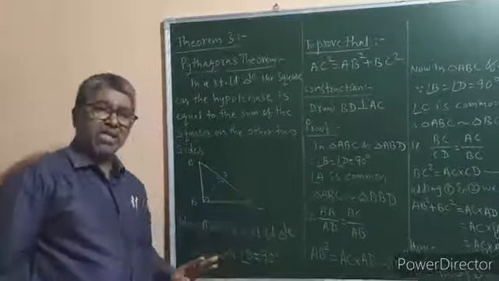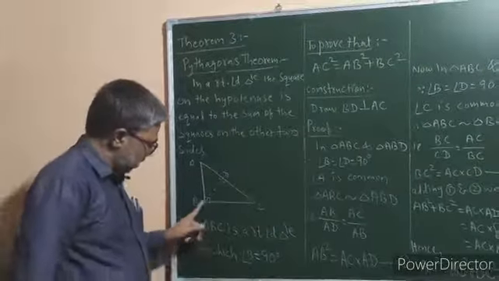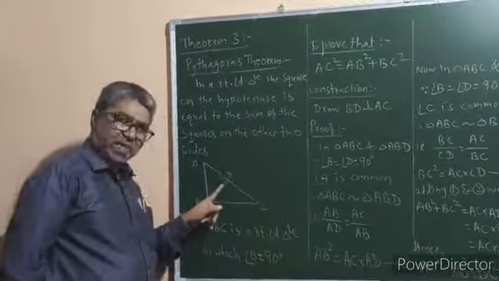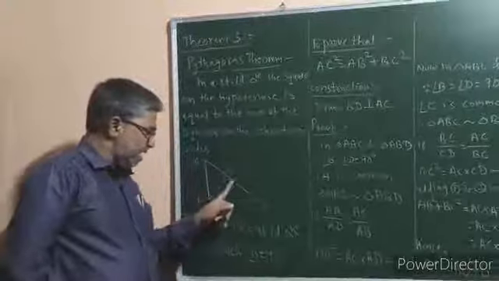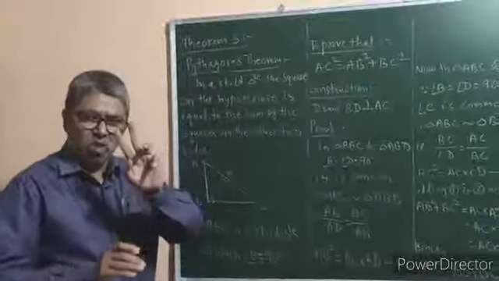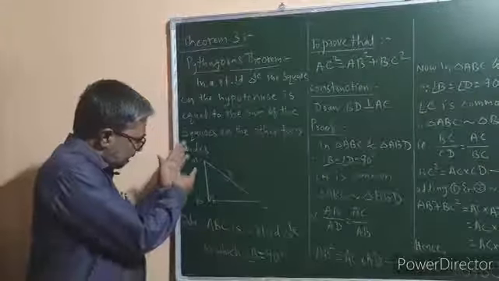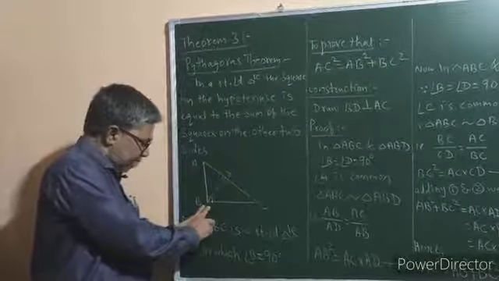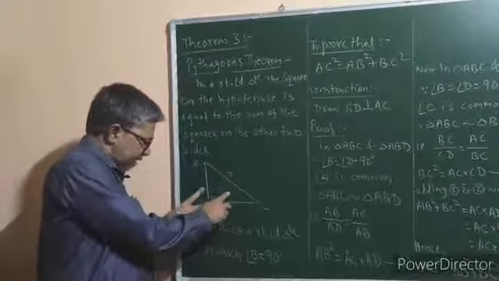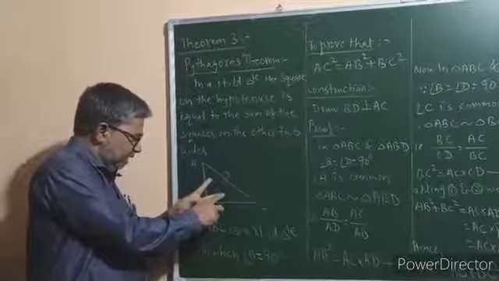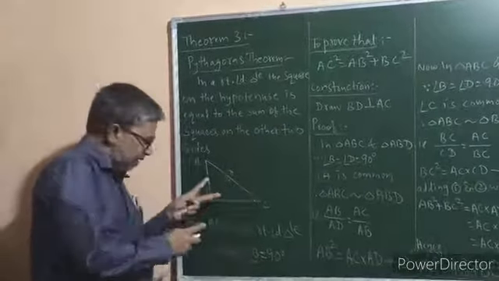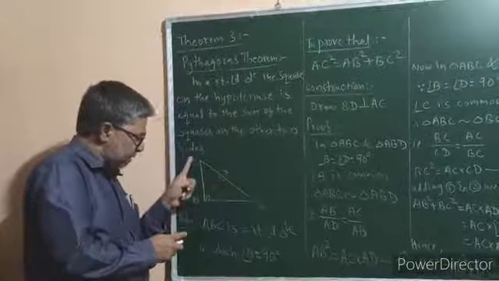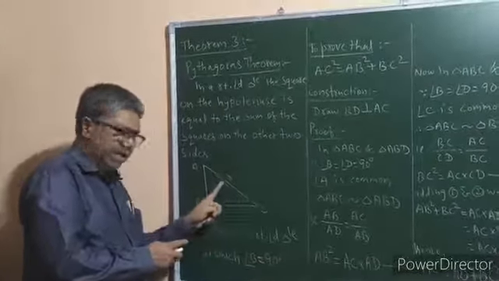Now let us write the proof of the theorem. Due to this line segment BD, triangle ABC is divided into two triangles, namely triangle ABD and triangle BCD.